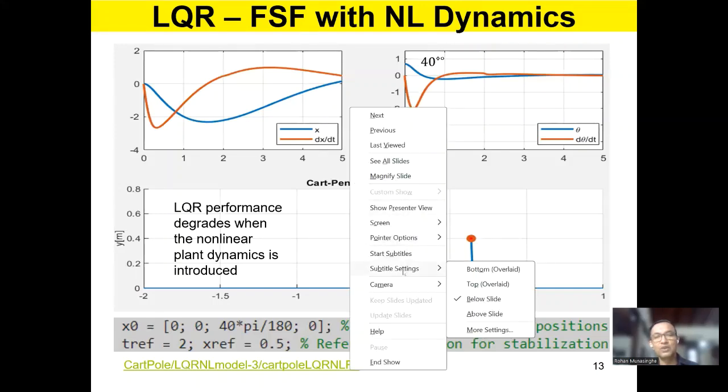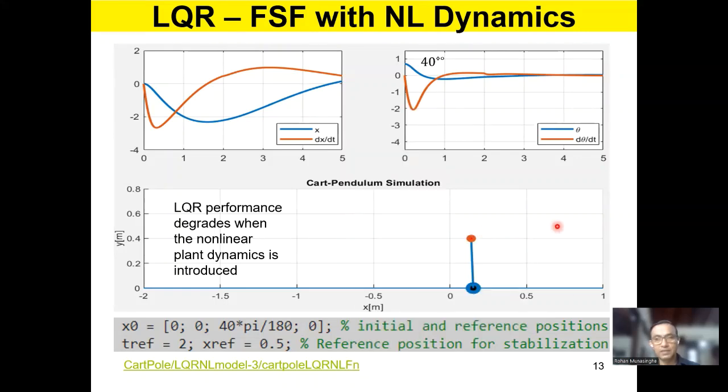That tells us the difference between dealing with the actual dynamics and the linearized dynamics. In the case of actual dynamics, the linear quadratic regulator is not that good, so it's not able to fully stabilize the plant. It goes too far back and forth.